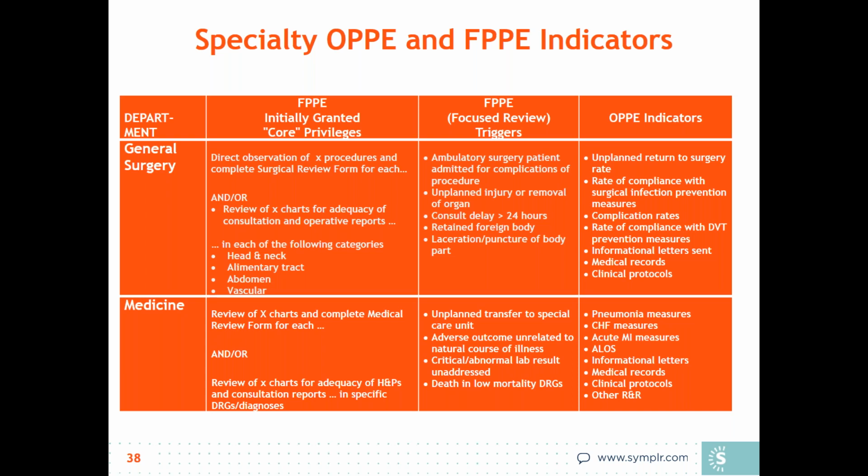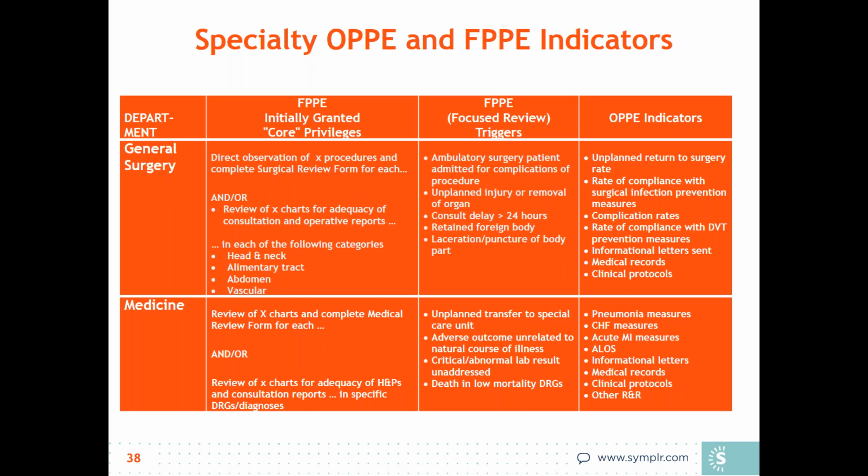For medicine, it may be looking at charts and determining whether or not the history and physical is adequate, if the consultation reports are adequate, looking at certain diagnoses. For FPPE, you might look at anything like an unplanned transfer to a special care unit, adverse outcomes related to the natural course of illness, critical abnormal lab results not addressed, death, certain things like that.